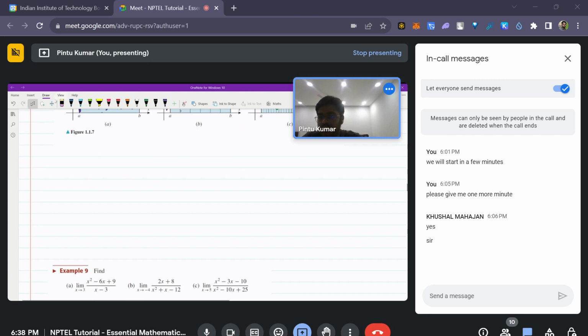So what actually is the limit of a function?